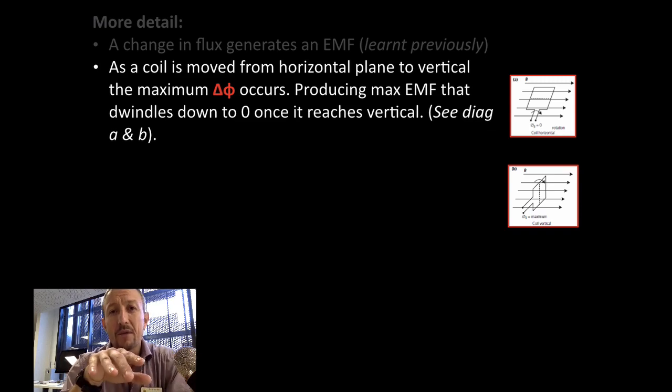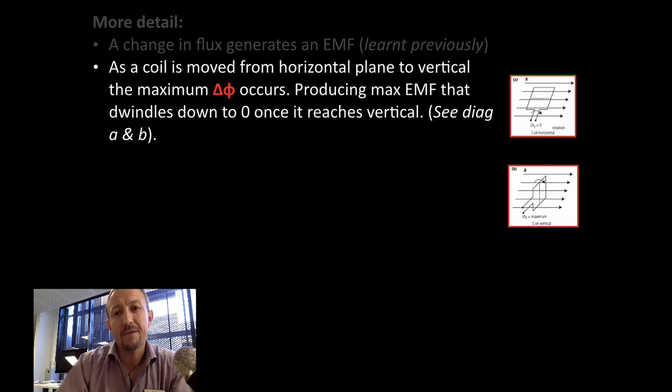From what we've looked at already, when we're horizontal we get maximum force. However, as we start to turn and go up to vertical, we go to a zero force. That zero force is generated because we get a change in magnetic flux. That change in magnetic flux is going to cause a force on those electrons which is going to push them round. Hence we've generated our voltage.